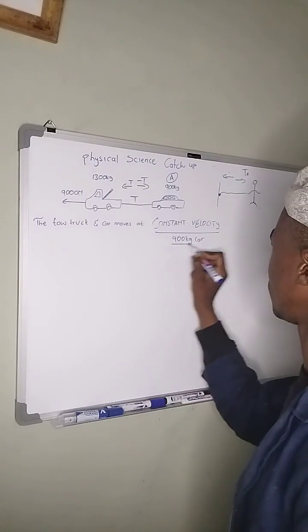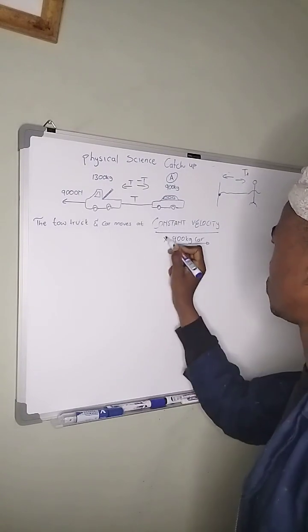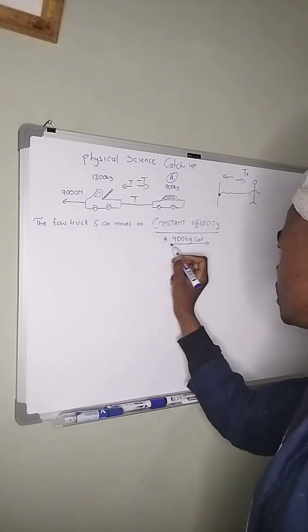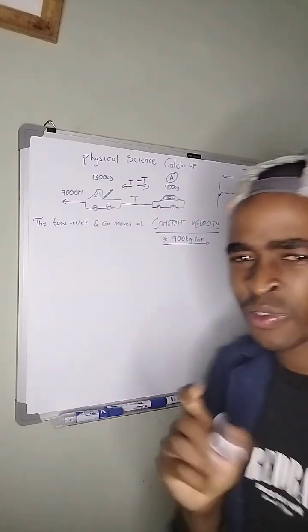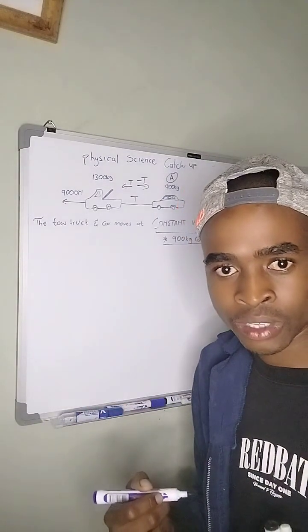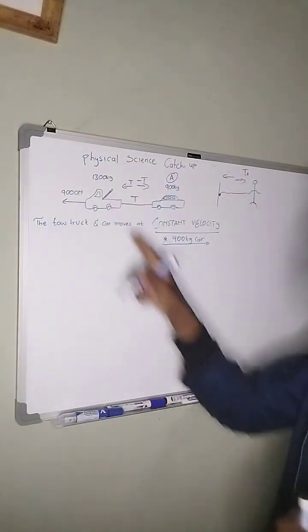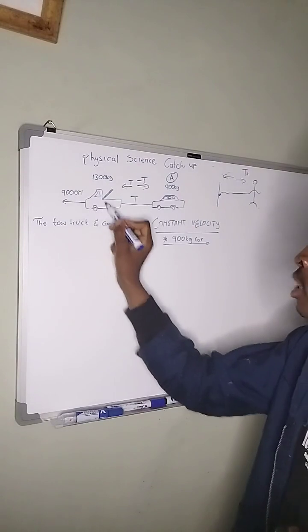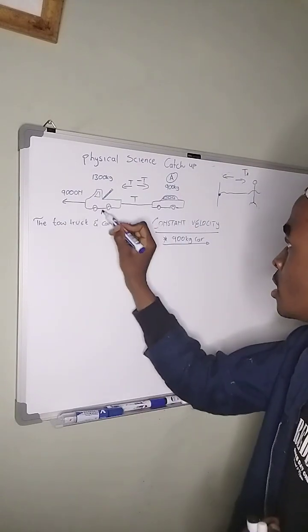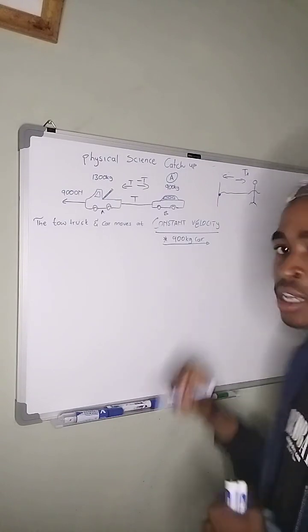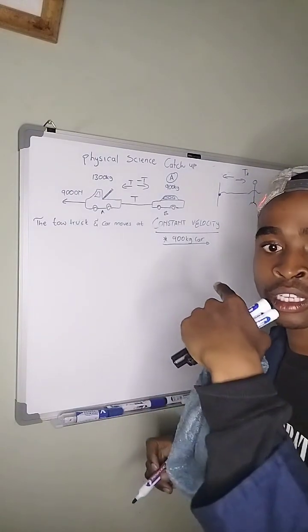This is the free body diagram of the car, for clarity. This is a car, this is a tow truck. Let me say car A and car B. But now it's the 900 kg car.